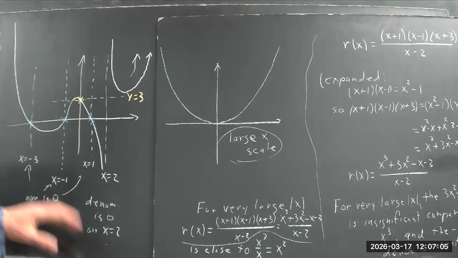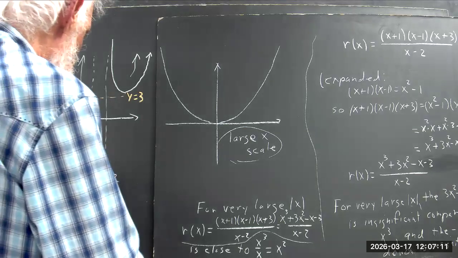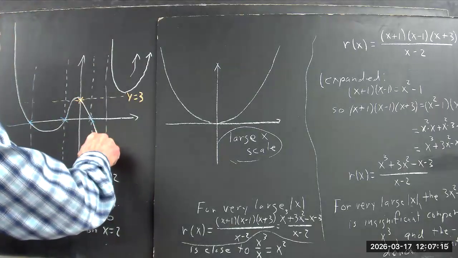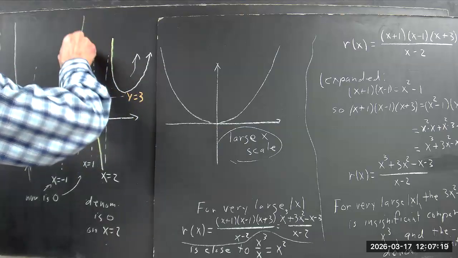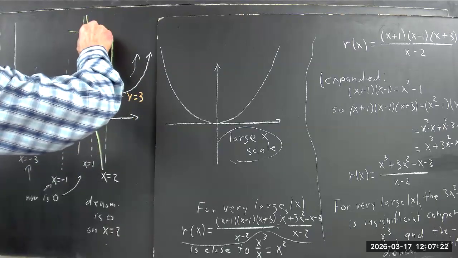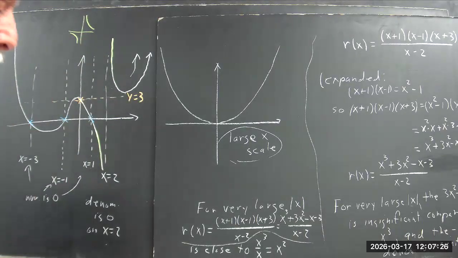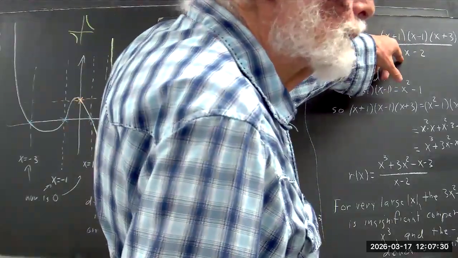Now in calculus, you learn to do some more specific things to the graph. Notice that the part of the graph as we get near the x equals 2 line acts a lot like the graph of 1/x. That makes a certain amount of sense because it's like 1/x, or like 15/(x minus 2).